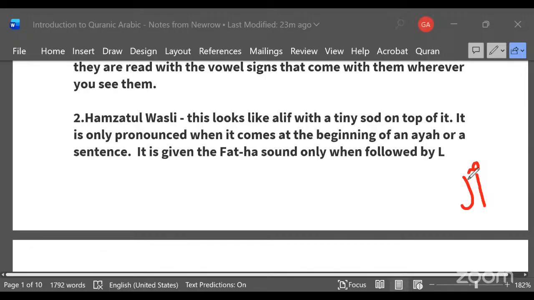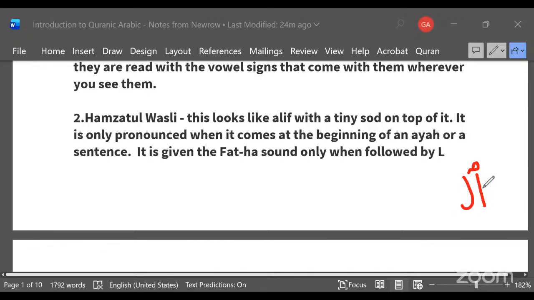The letter before it must have a haraka, right? If it does not have a haraka, we find a way of giving it a haraka. And then the letter after it must have either sukun or shedda, right? And then we connect the two letters, skipping Hamzatul Wasl.